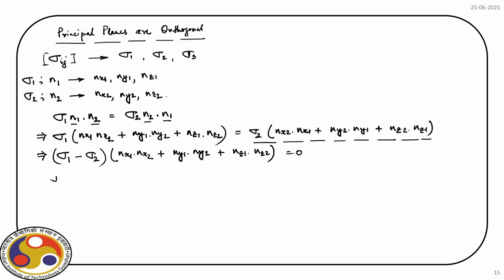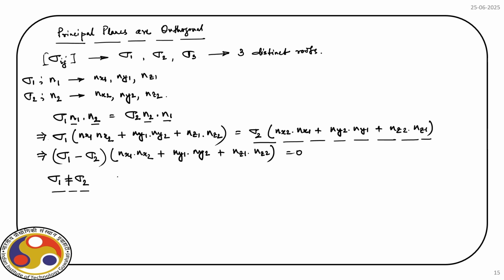Obviously, in this case we have sigma 1 not equal to sigma 2, because we have three distinct roots. That means sigma 1 is not equal to sigma 2, and obviously not equal to sigma 3, but for the time being we are not considering the third direction.